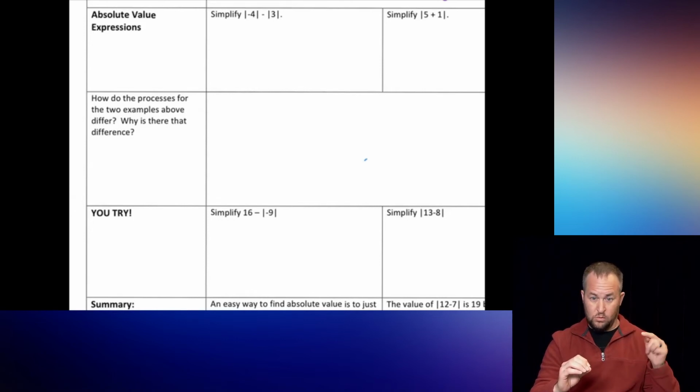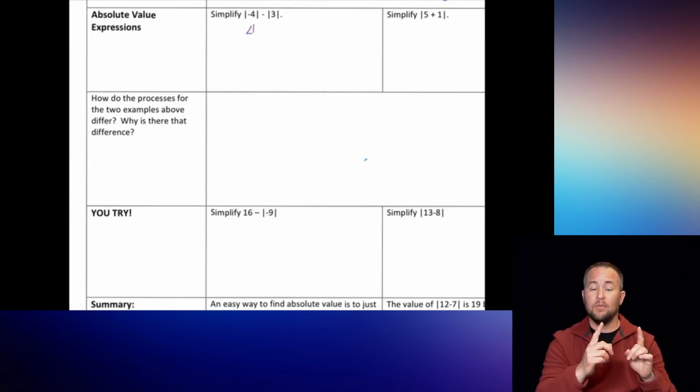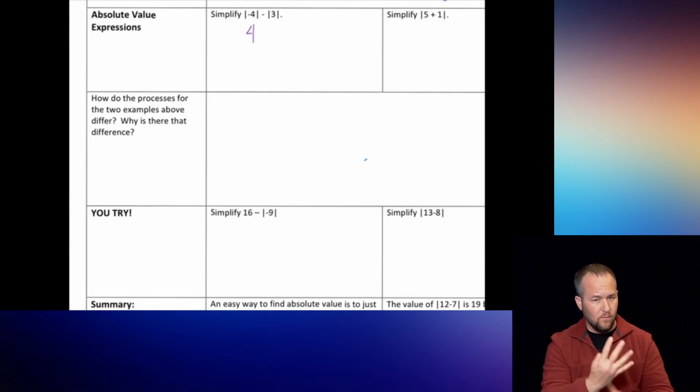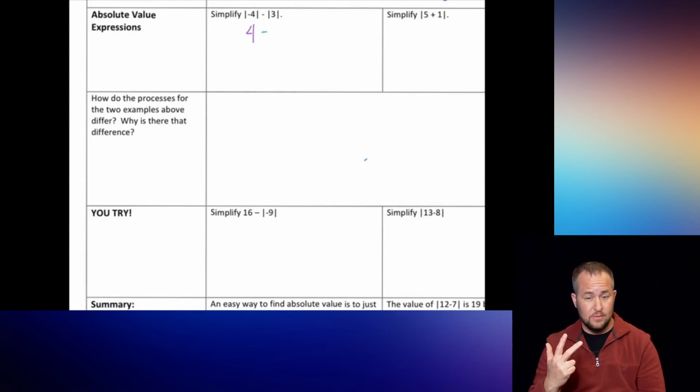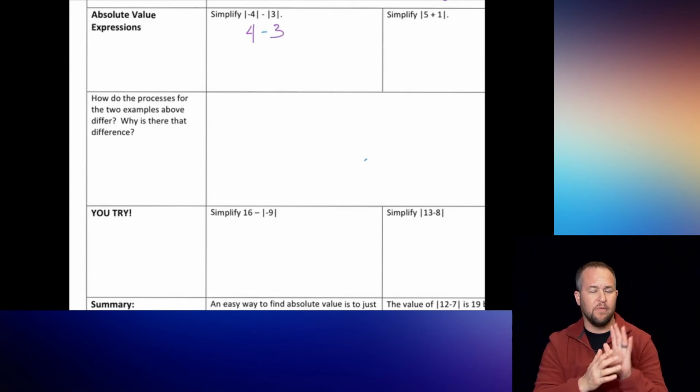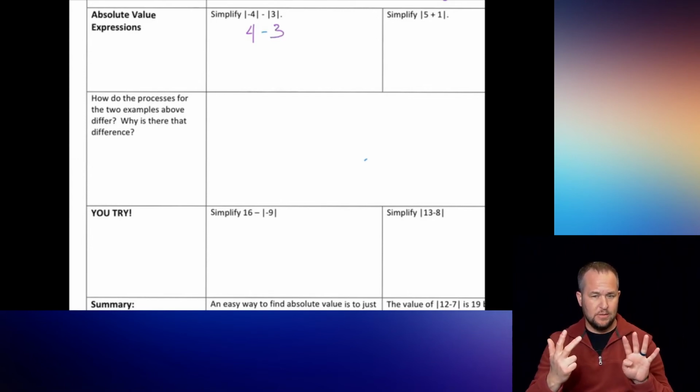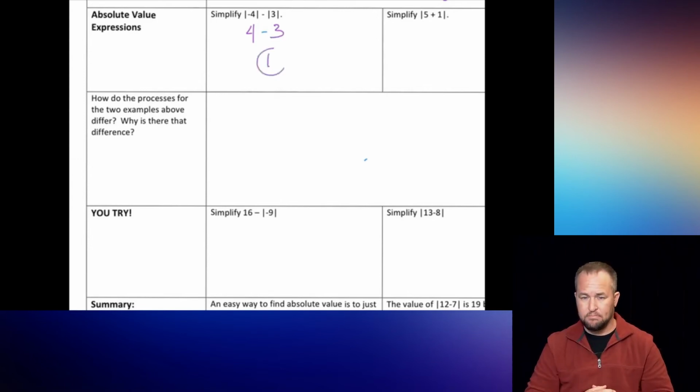So the absolute value of -4 becomes 4. My subtraction sign's not going anywhere. And then the absolute value of 3 is 3. So now this problem becomes 4 minus 3, which is 1 as your final answer.